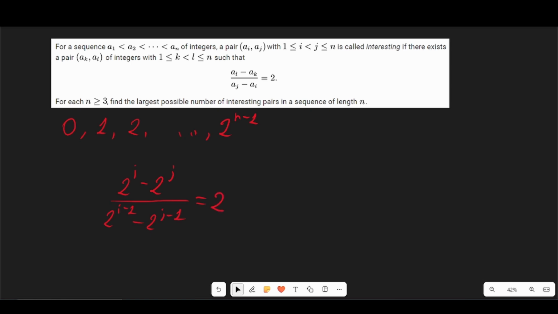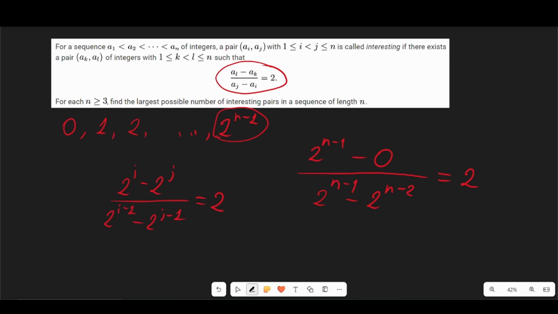So we can see that for every pair where we don't have 2 to the n minus 1, we can always find another pair for which this equation equals 2. And for 2 to the n minus 1, if we consider 2^(n-1) minus 2^(n-2), and 0 and 2^(n-1), this would be exactly 2.